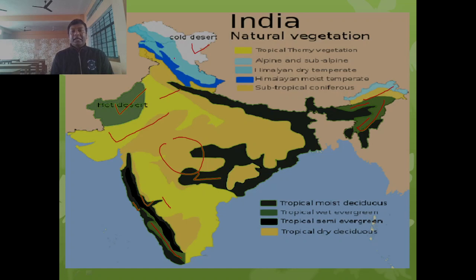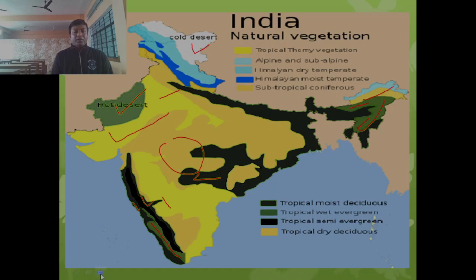This is the cold desert area. Again, we have alpine type of climate in this area and subalpine type of climate, and there is no vegetation in this part. This is the hot desert, so you can see thorny bushes in this area. This area is the tropical moist deciduous, and the major tropical deciduous area is this.